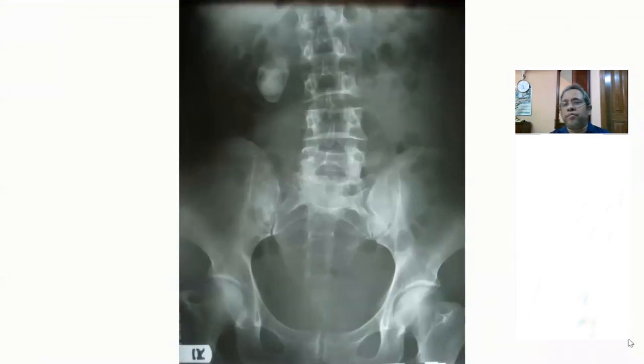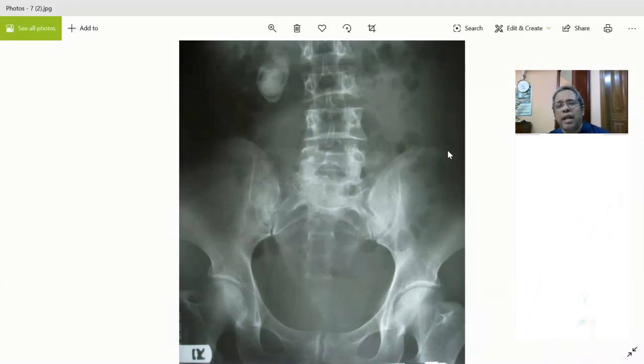Look at the picture. This is the plain X-ray of the KUB region. Plain X-ray of the KUB region, because in the picture there is no IVU written.